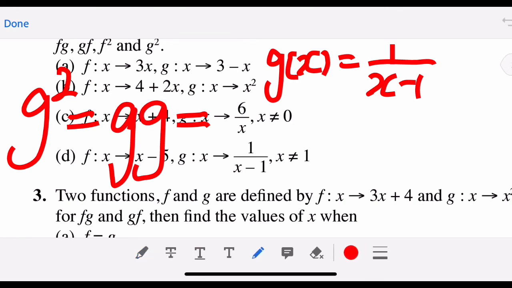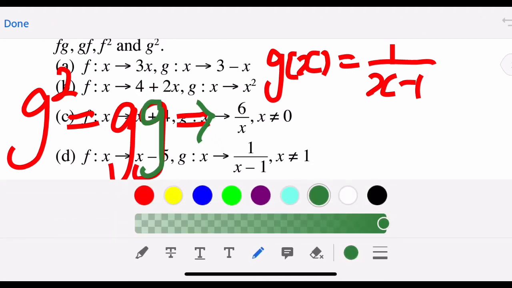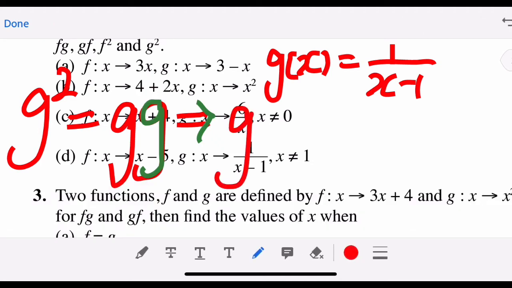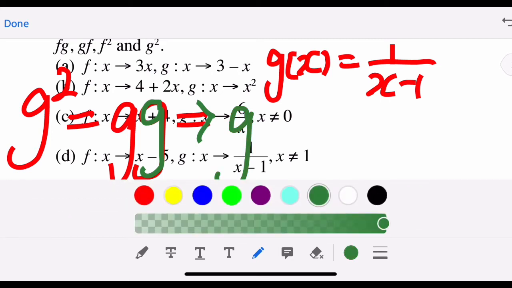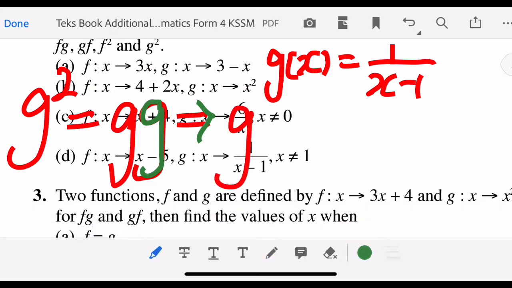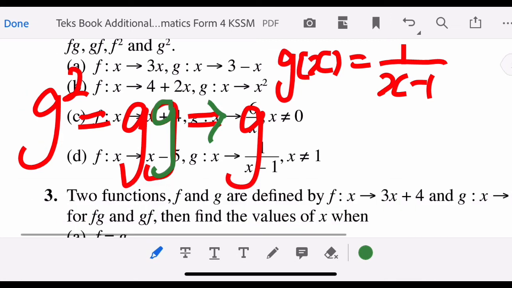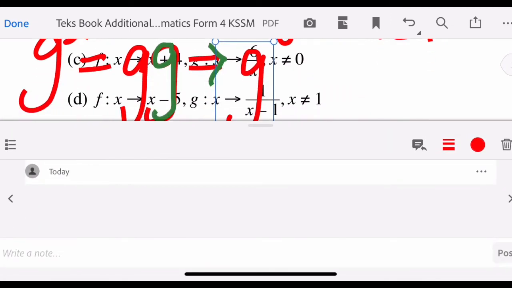I'm going to highlight the object. Meaning that you can write like this: the object is gx, and the function is g. You can actually use color to differentiate what is the object and what is the image.